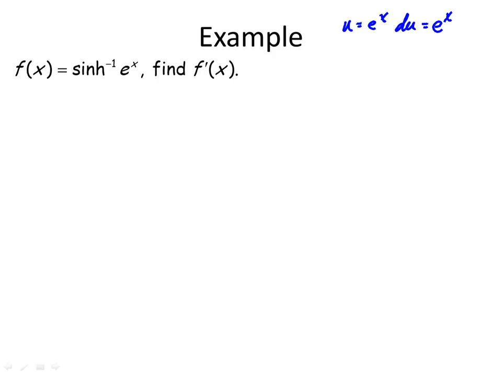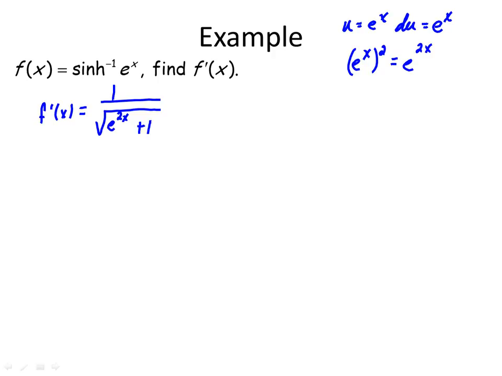So, f prime of x, the derivative, is going to be 1 over the square root of u squared plus 1. Can you tell me what e to the x squared is? Yeah. Power to a power, we multiply. So it's going to be e to the 2x plus 1 times the derivative of u.